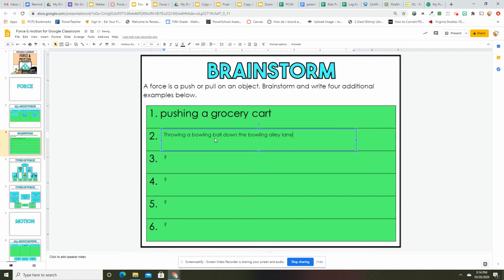Well, if I could type, that'd help. Okay, so now come up with 4 more examples for pushing or pulling. It can be whatever you're thinking, okay?